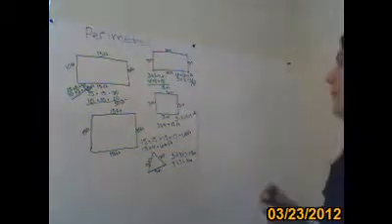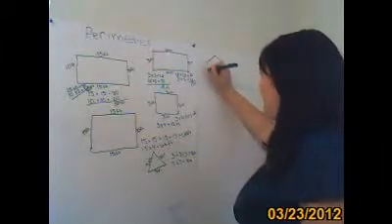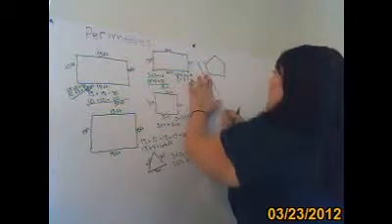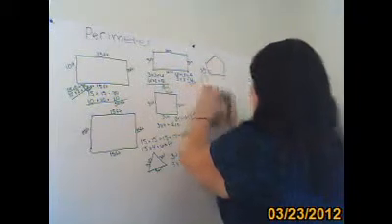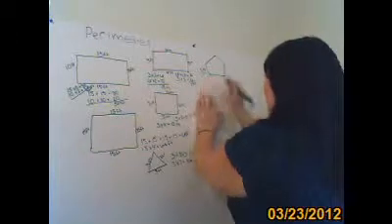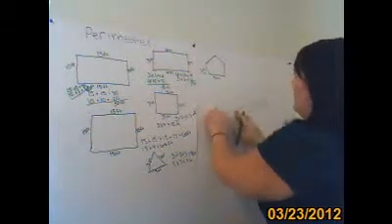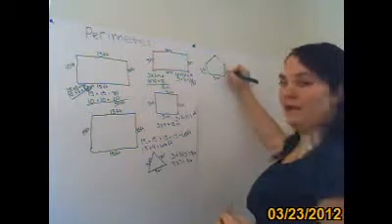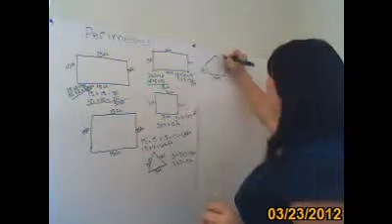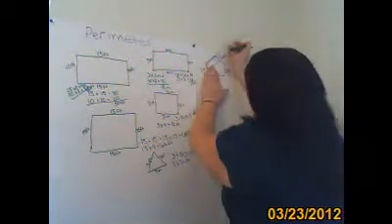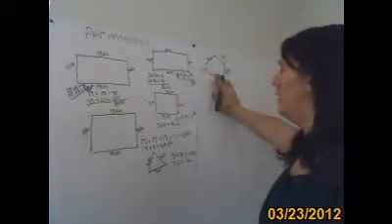You could also do it with a pentagon. If this side is 2.5 inches, and this side is 3 inches, and this side is 2.5 inches, and this side is 2 inches, and this side is 2 inches, then what we can do is we can add them together.